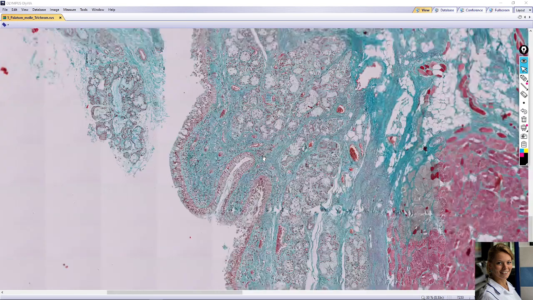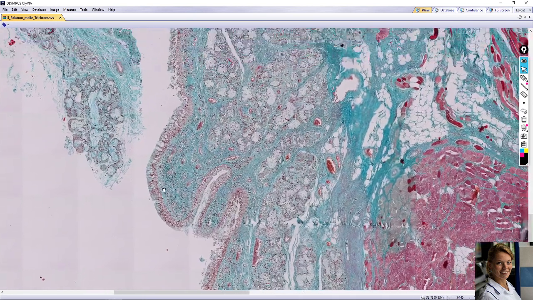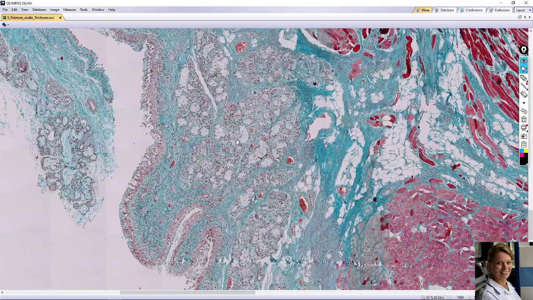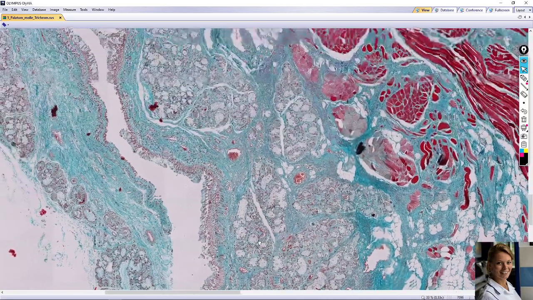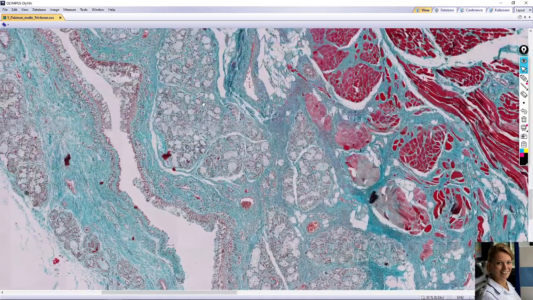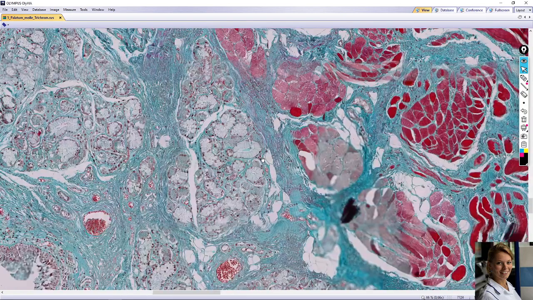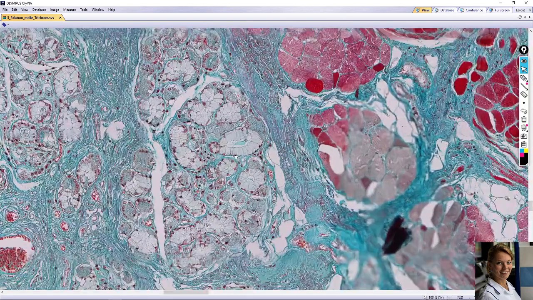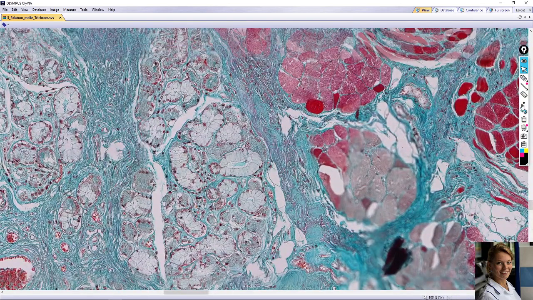lamina propria connective tissue under the epithelium contains a seromucous gland.